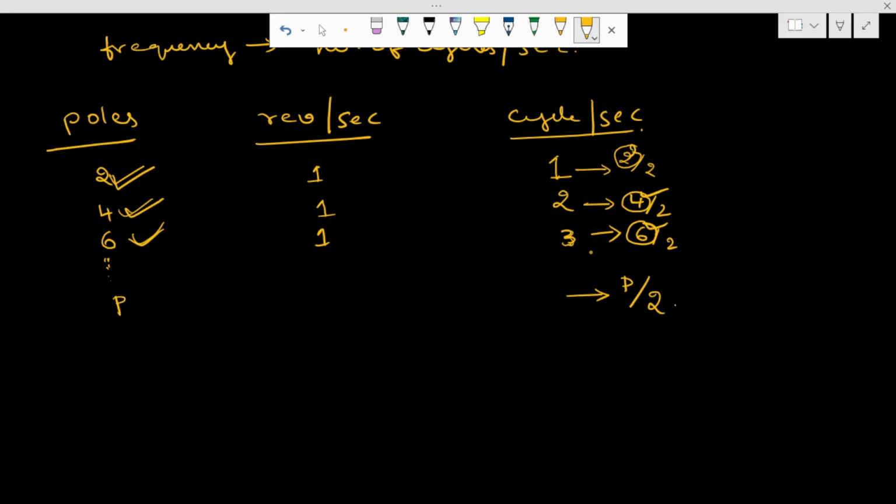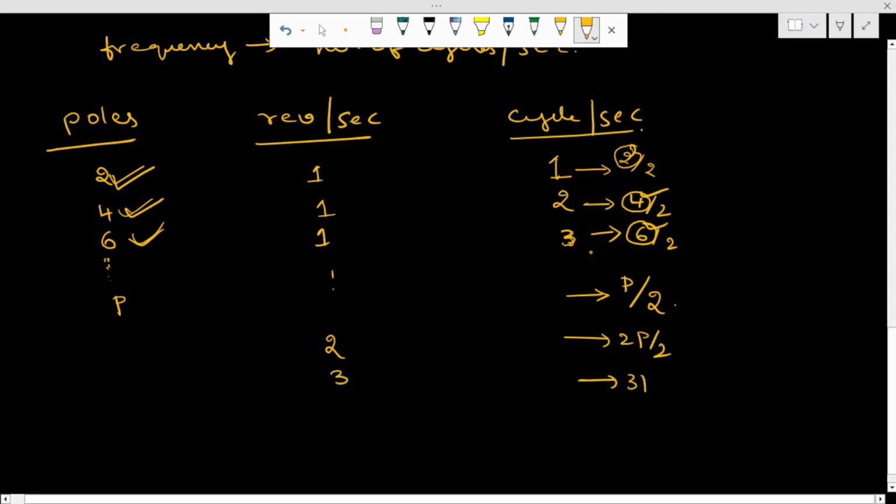If we take the number of revolutions as 2 revolutions, we get 2p by 2. 3 revolutions, 3p by 2. For n number of revolutions, we get np by 2. This is the frequency formula.